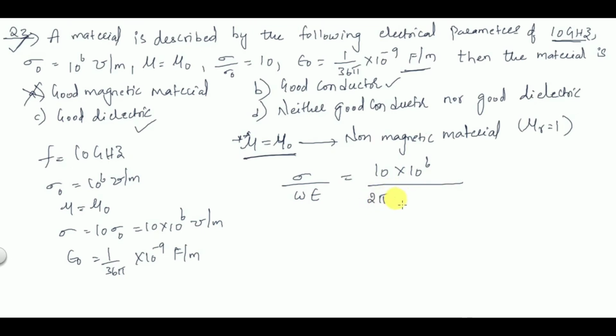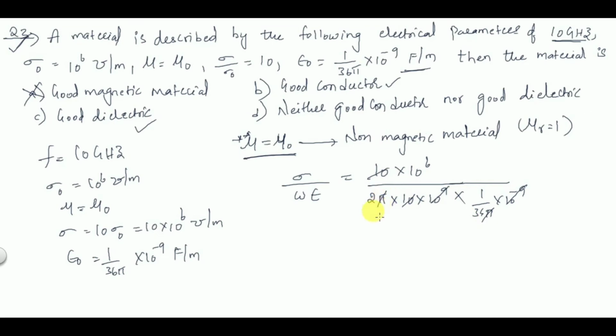Omega is 2 pi f, so 2 pi into 10 into 10 to the power of 9, gigahertz. Epsilon r is 1, so epsilon is epsilon naught, which is 1 by 36 pi into 10 to the power of minus 9. So 10 to the power of 9 and 10 to the power of minus 9 get cancelled, and 10 and 10 get cancelled.